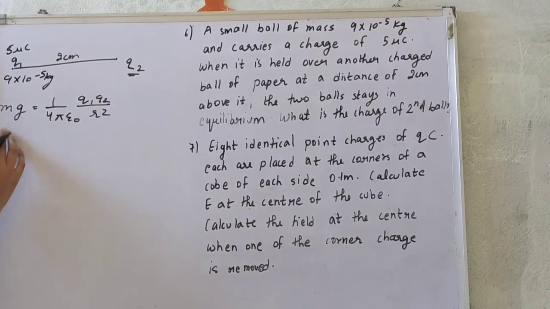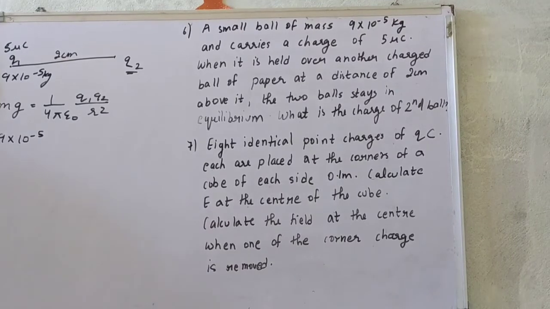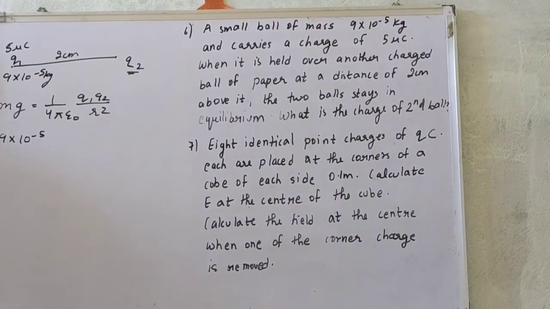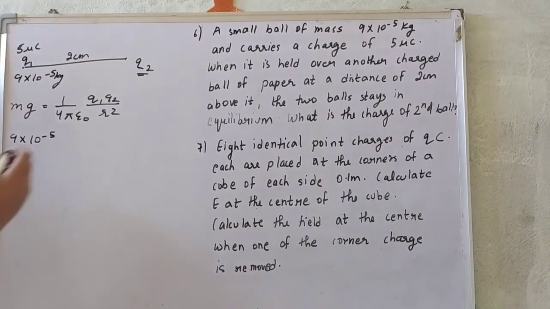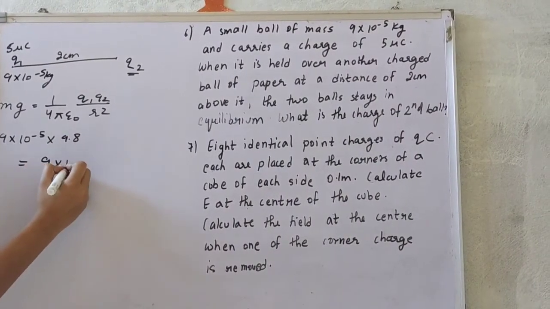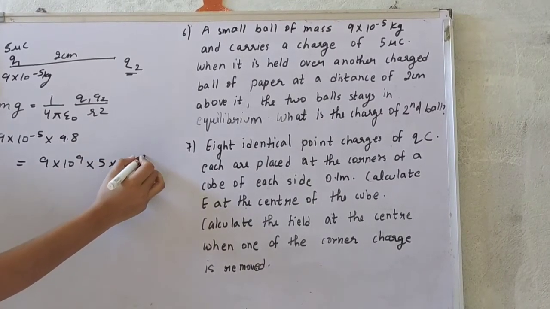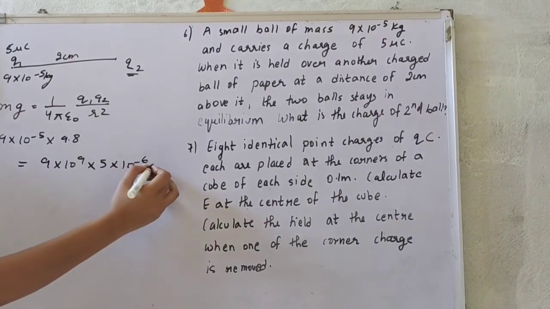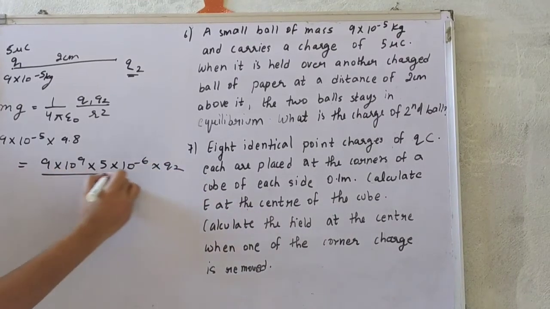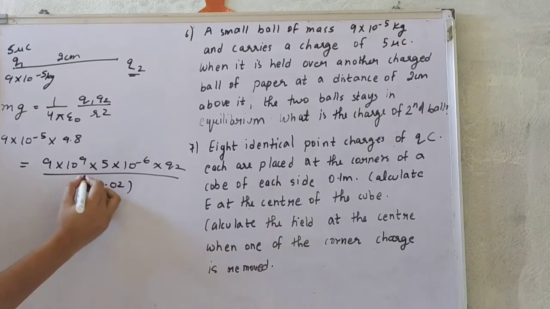Okay, the mass is given 9 multiplied 10 raised to power minus 5 and the value of g is 9.8, equal to 9 into 10 raised to power 9. Q1 is 5 microcoulomb, that is 5 into 10 raised to power minus 6. Q2 we need to calculate, upon R square, distance square, that is 0.02 whole square.